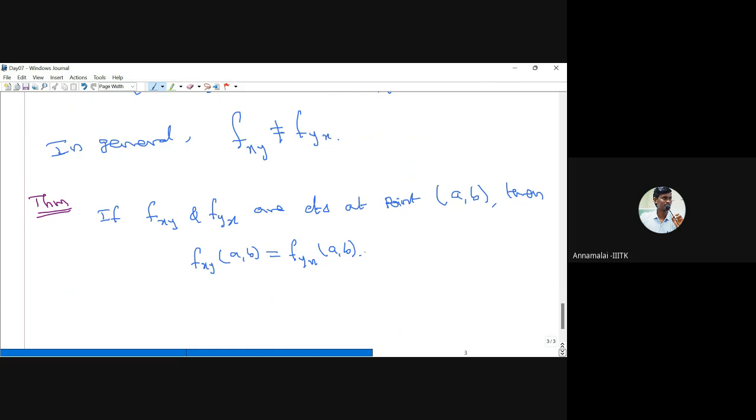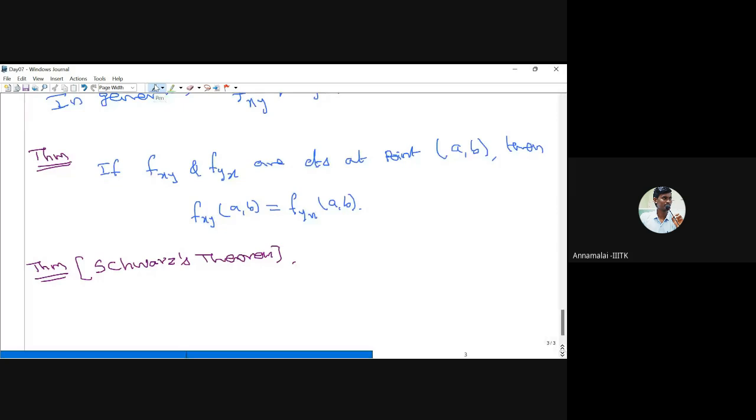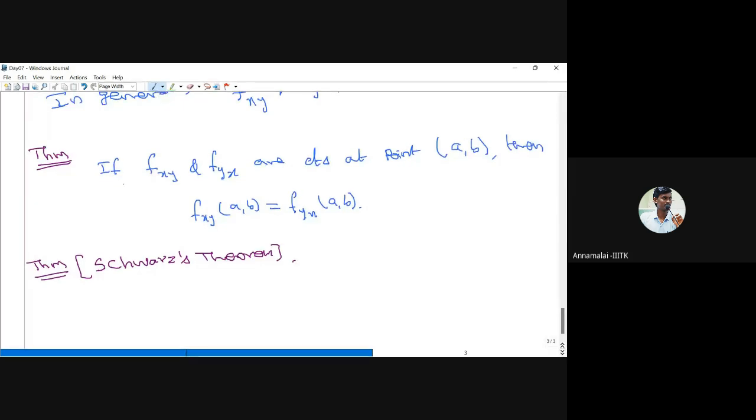Okay. So there is another theorem. That theorem is called the Schwarz theorem. This theorem says, again, when these two functions are equal. Assume that f of x comma y is a real valued function of two variables.